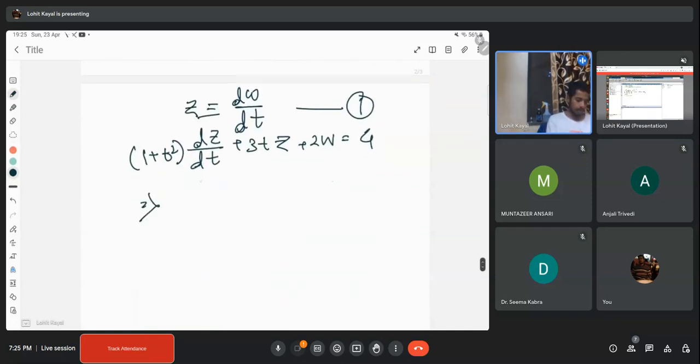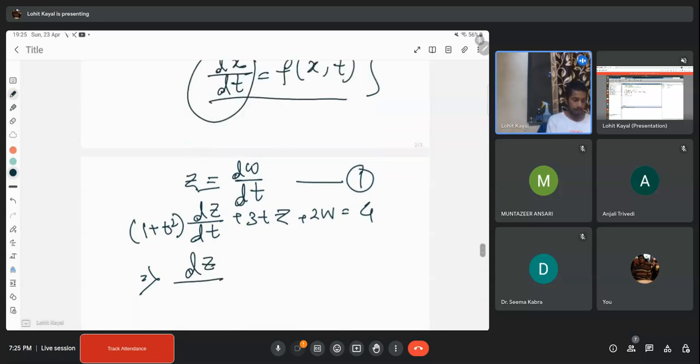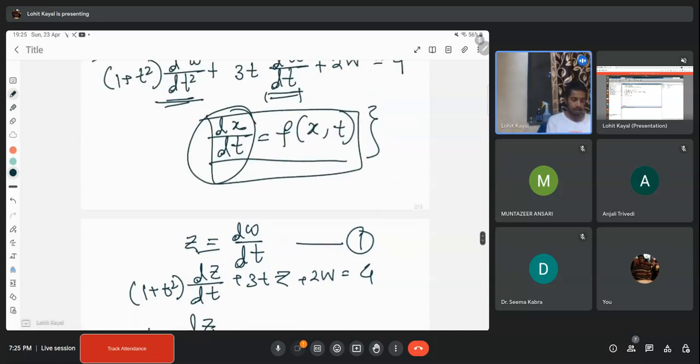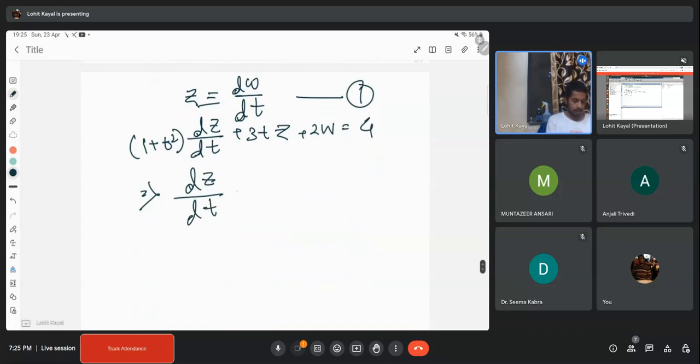I need a form like dx dt equal to f of x, t. So it will be dz dt equal to 4 minus 2w minus 3tz, divided by 1 plus t square. I need to write in this manner.